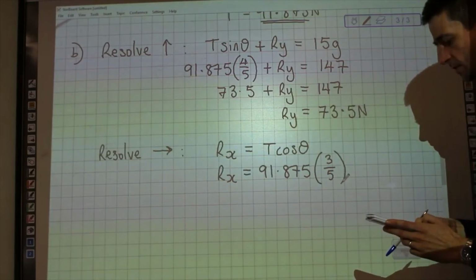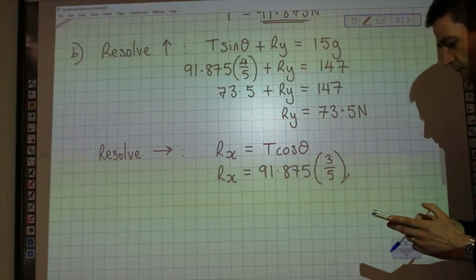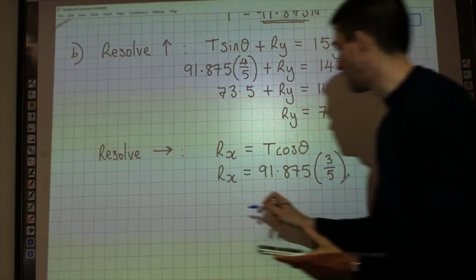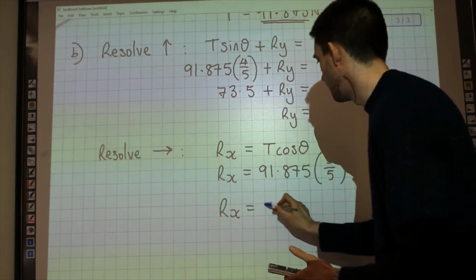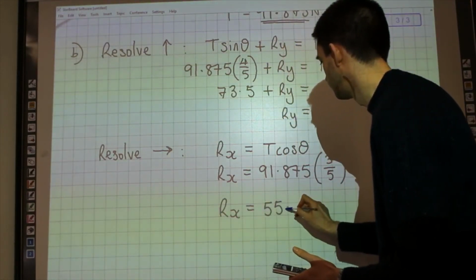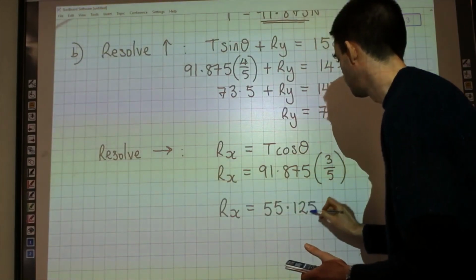So if I do 3/5 of 91.875, I get the reaction X, the horizontal component, to be 55.125.